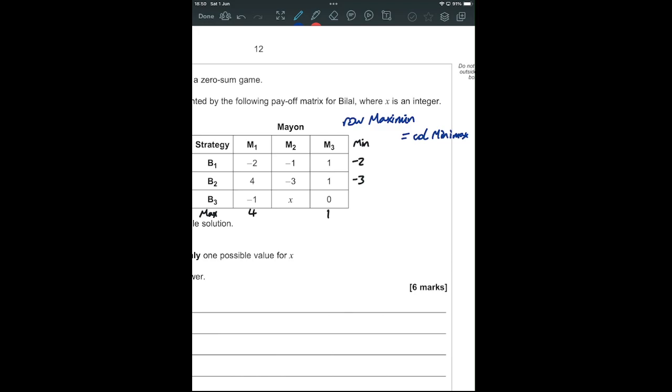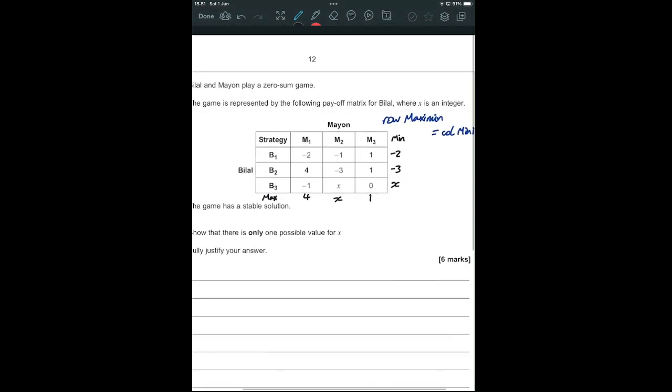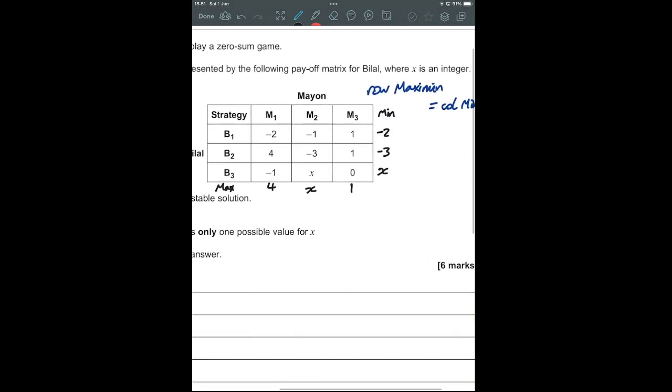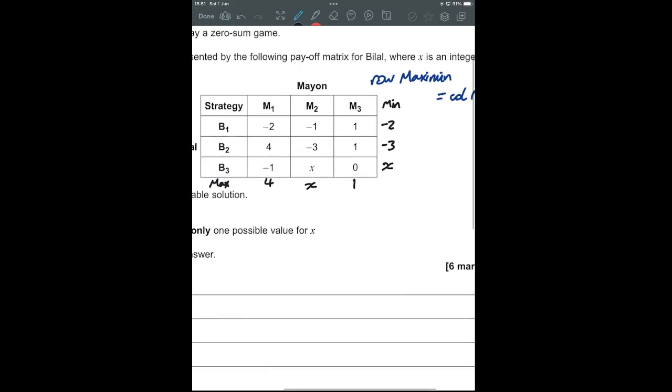Well, that means that this kind of has to be the x's. And the only way to match these up, because none of the rest at the moment match up. So that means to me the minimum, so for B3 min, that's going to mean that x has to be smaller than -1.